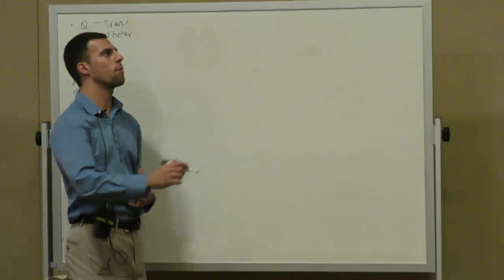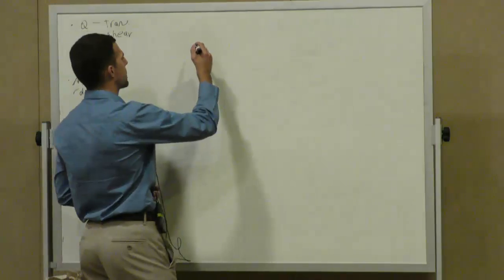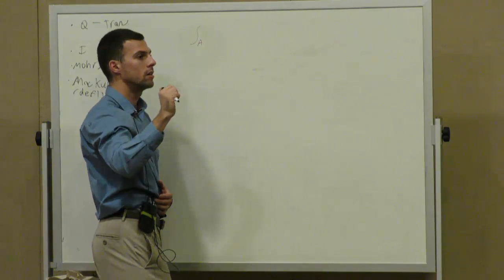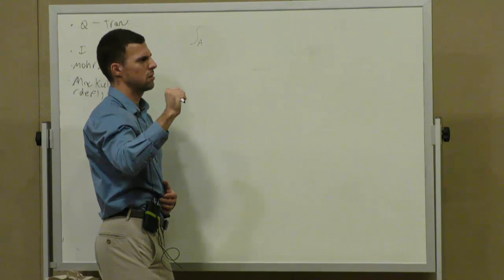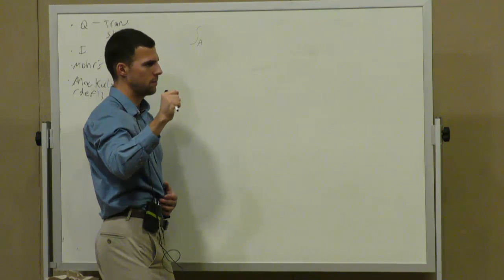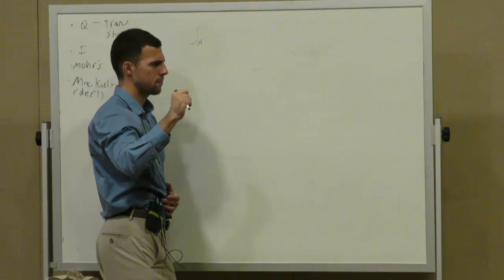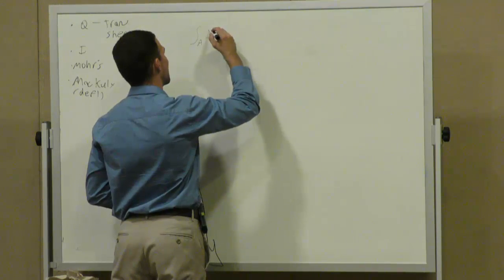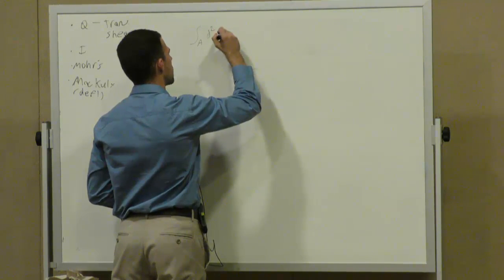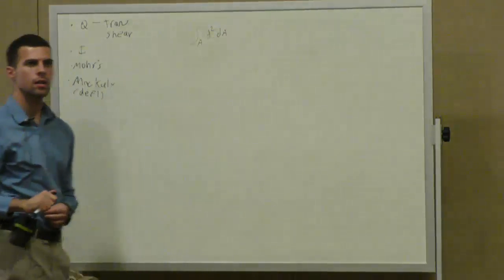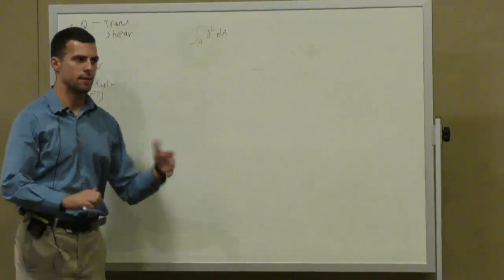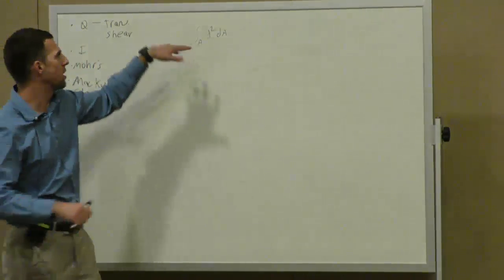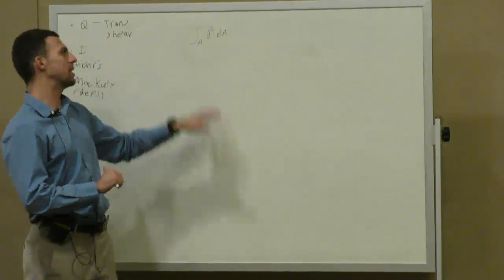In the general form, if I'm not mistaken, it is an area integral of some distance squared. This distance is a radius, or the length of a side, or the distance from something, and then you take the integral over an area. You did this back in statics.